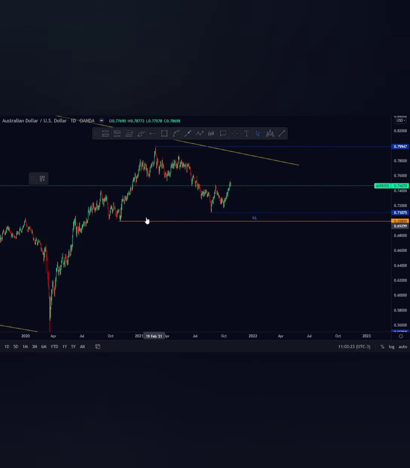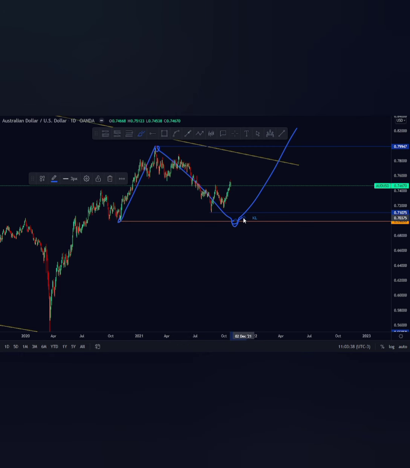That's why I'm marking it. Price can still reverse from here and continue towards the upside. So until we break this level, we're still looking for buying opportunities. But if we are selling, we have to put this as our first target, paying attention to how price will react around these areas. I hope that makes sense.